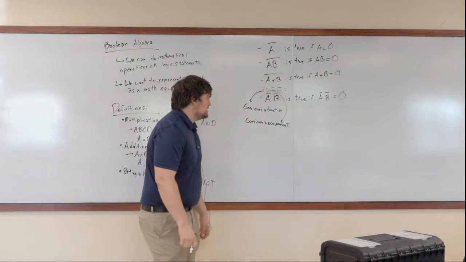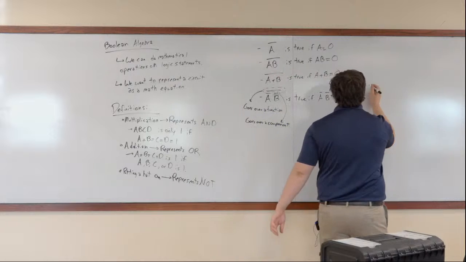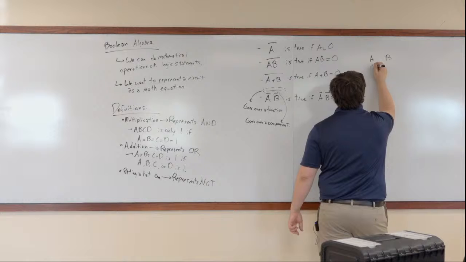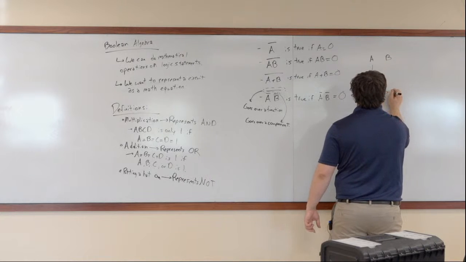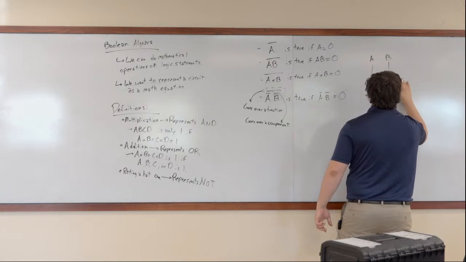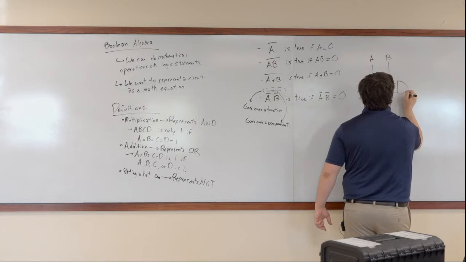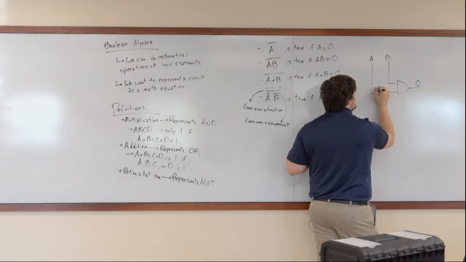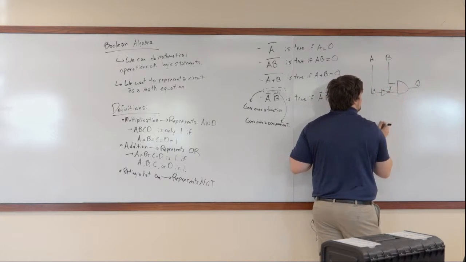Okay? So here, if I were to write this out, A, B, if A goes into a NOT gate, and then they go into an AND gate like this, this would be represented as: this is A, this is a NOT.